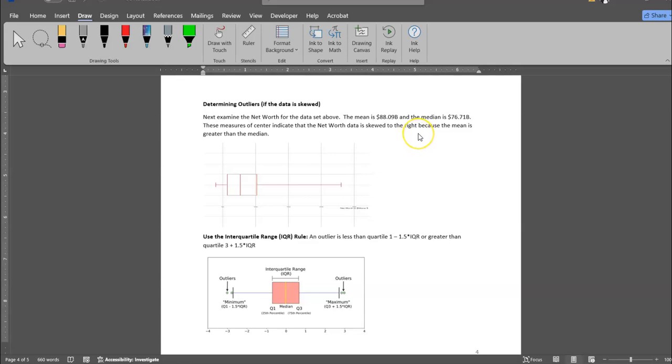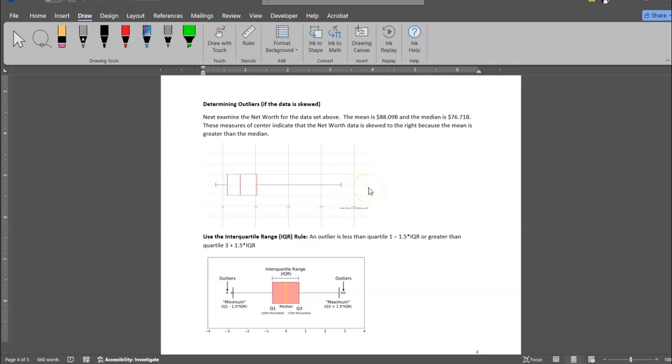So this is skewed because the mean is much greater than the median. And we can look at the box plot here, and we can see that the right whisker is much longer than pretty much the whole graph. And so we know that it's being pulled to the right in some fashion.